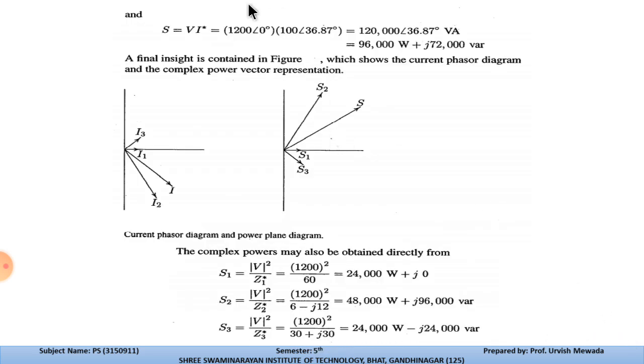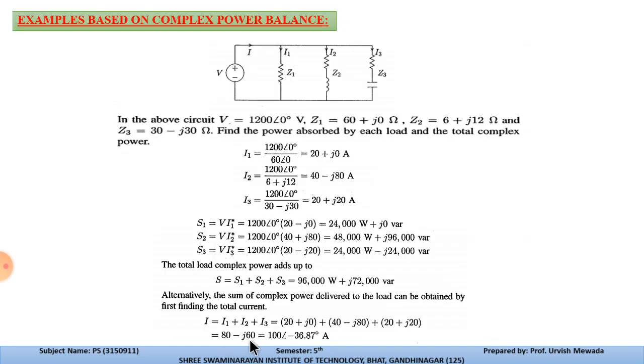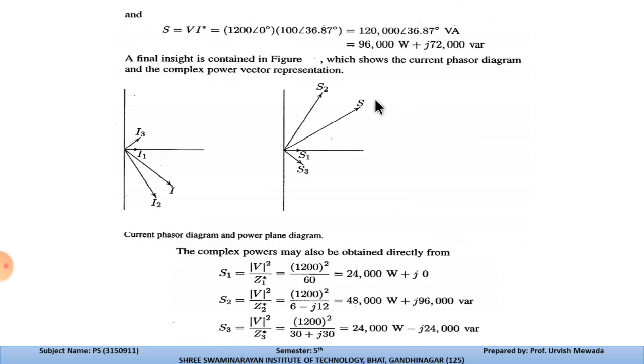Now from the value of the total current, we again calculate the apparent power of the circuit. So S is equal to V I conjugate. V we know is 1200 at angle 0, and I we already derived from this equation, 80 minus j60, so the r angle theta form is 100 at angle 36.87.